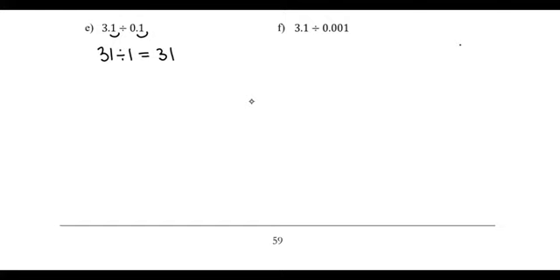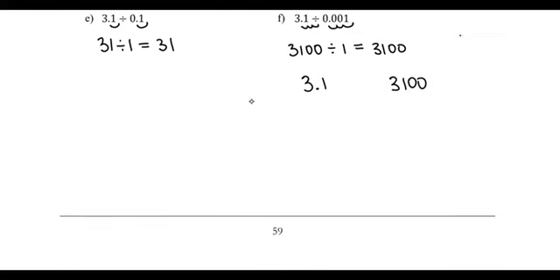So let's do 3.1 divided by 0.001. So I have to do it 3 times, and I have to do it 3 times. So I need to have 2 more zeros. So I have 3,100 divided by 1. It is 3,100. All right, so let's review this. I started at 3.1. I ended up at 3,100.